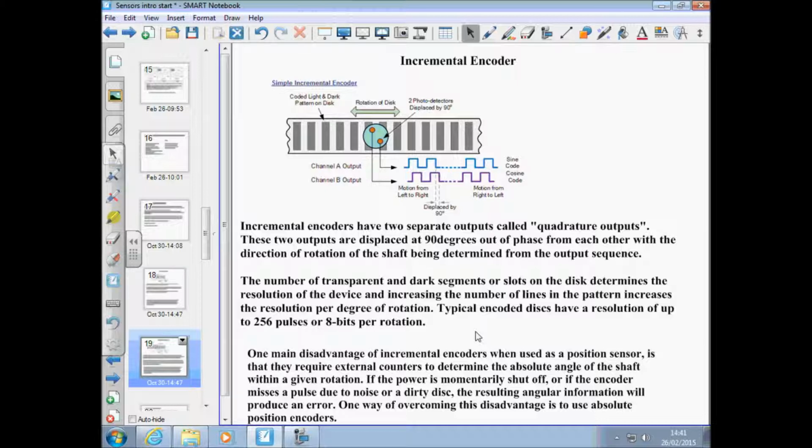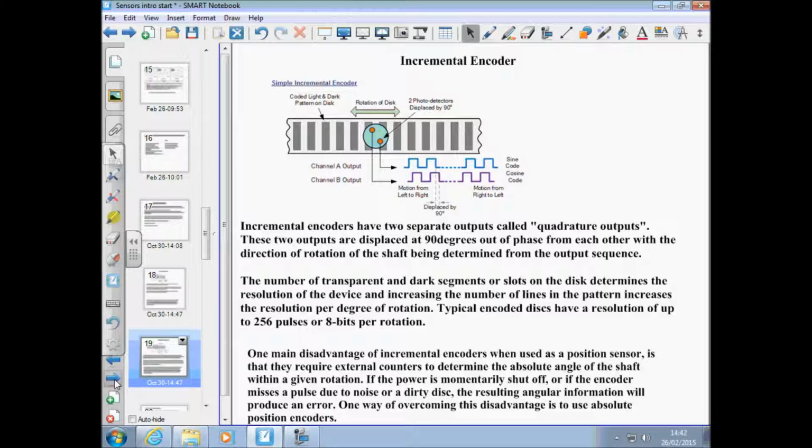Yeah, because it's measuring incrementally from an initial known position. If it loses where it is because it loses power, it would then have to reset itself back to a home position. So if you're thinking about a machine, it would have to move to its base position, confirm that it was there, so that it then knew where it was again. Yeah?